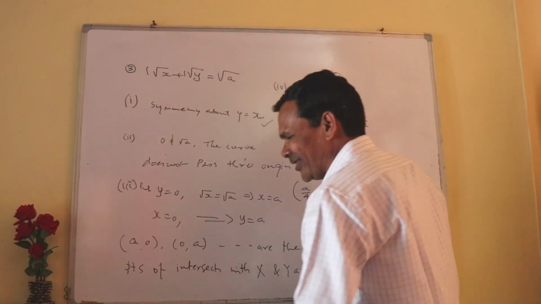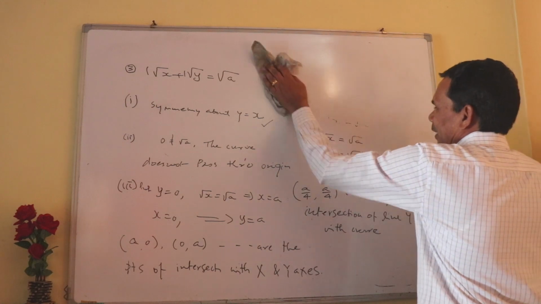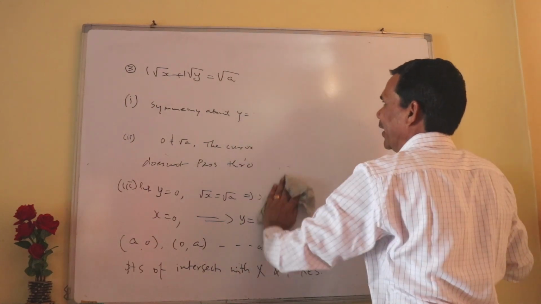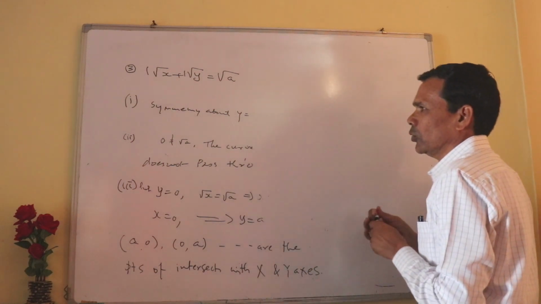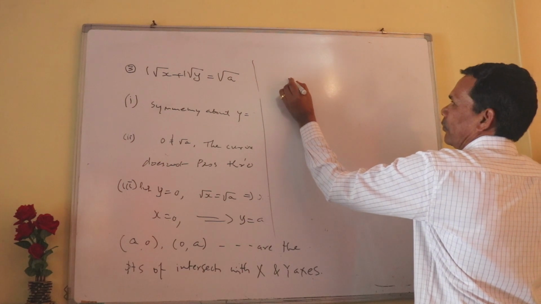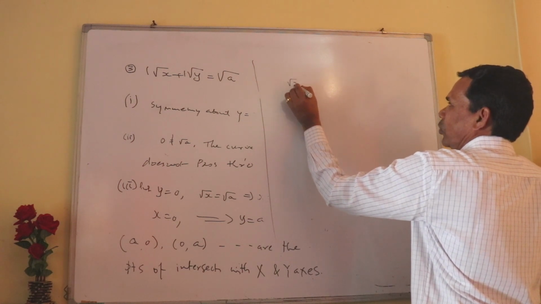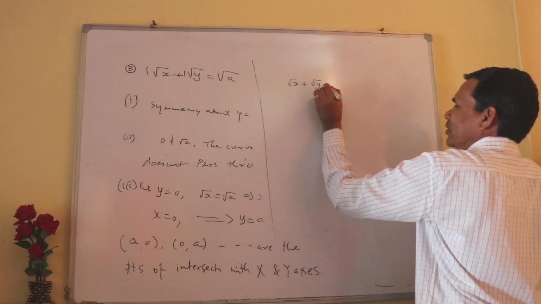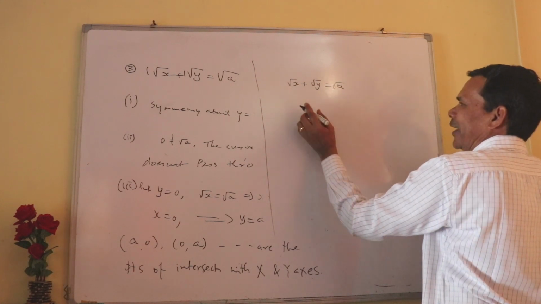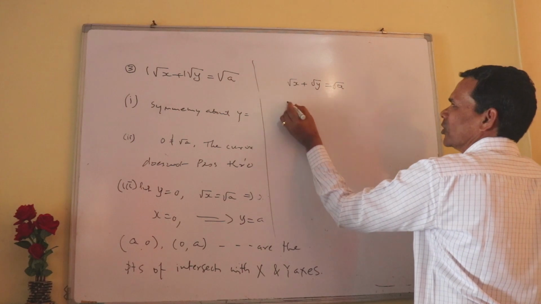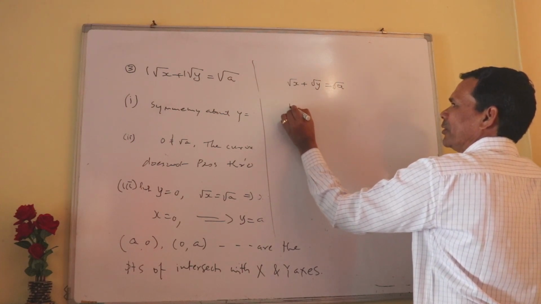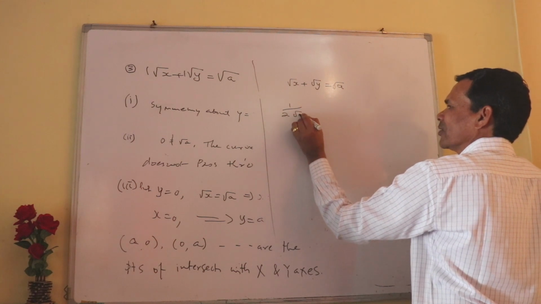Now we find the tangent at the special points, the tangents at (a, 0) and (0, a) for this particular curve, root x plus root y is equal to root a. So for that we find dy by dx, differentiating with respect to x. The derivative of root x is 1 upon 2 root x.